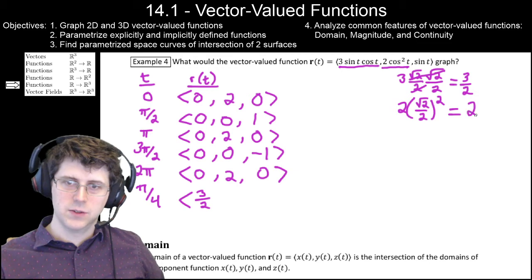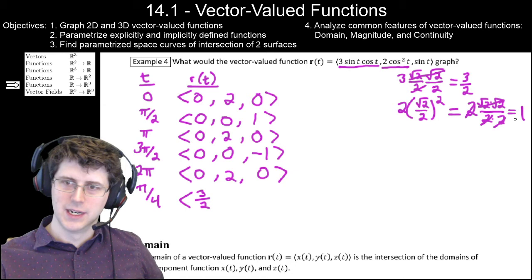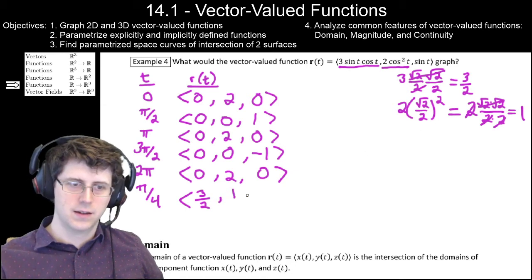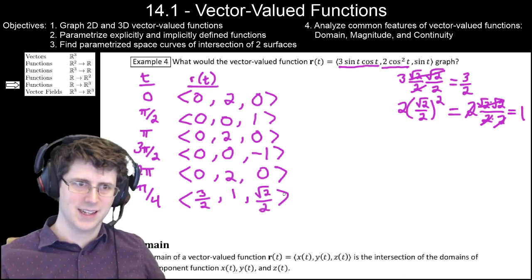So I'm going to have 2 times root 2 over 2 squared. Okay, well I can cancel some 2's. Looks like I get 1. And sine pi over 4 is root 2 over 2. I'm not seeing any particular pattern here.